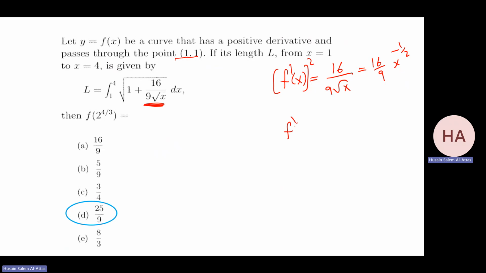So f prime will be what? F prime will be 4 over 3 x to the power minus 1 over 4.